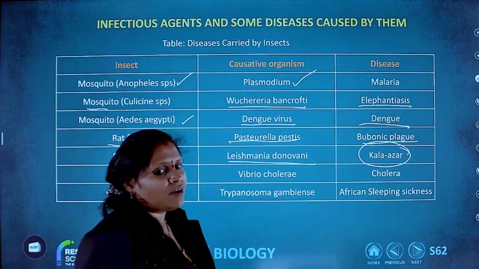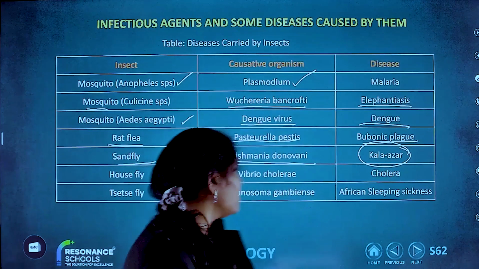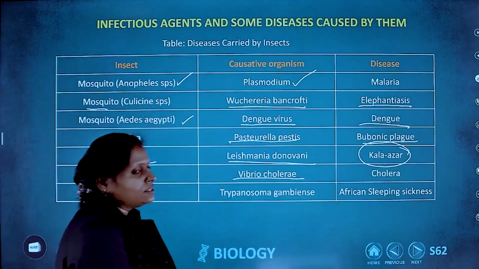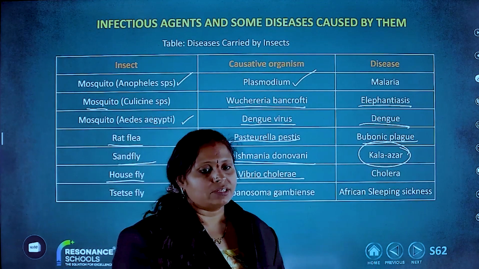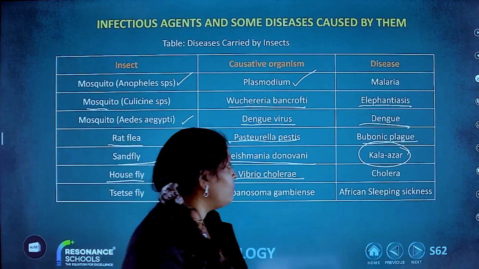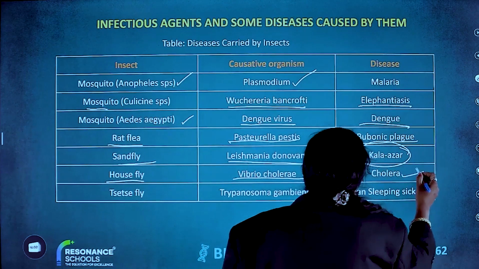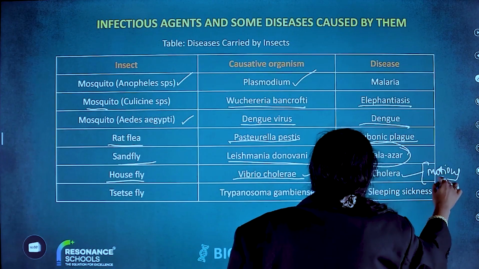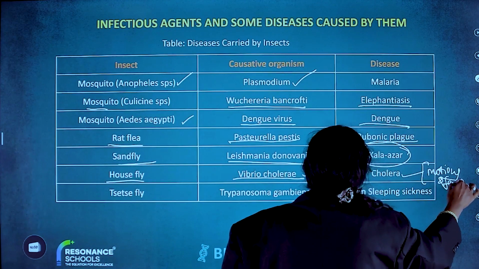Just now we have discussed Kala Azar. And the house fly, the causative organism is Vibrio cholerae. What is that Vibrio cholerae? In the name itself, it causes what disease? Cholera. What is cholera? Motions and high grade fever. This is cholera.